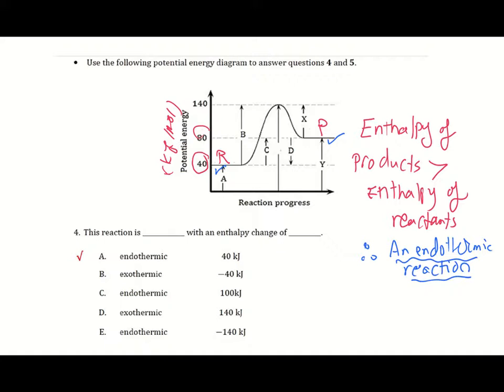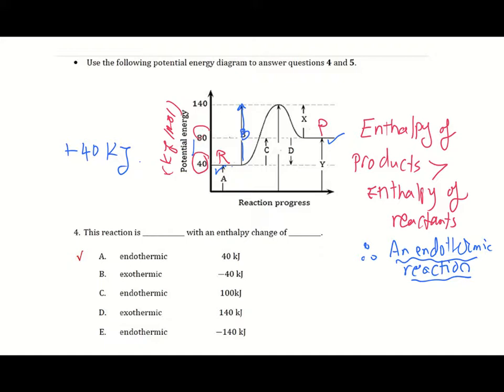And the delta H for this reaction will be the difference in enthalpy between reactant and product, which here is 40 kilojoules. Remember that the B here in the graph shows, what does it show? Yes, exactly, it shows the activation energy.